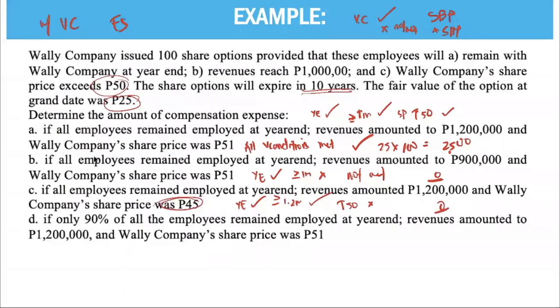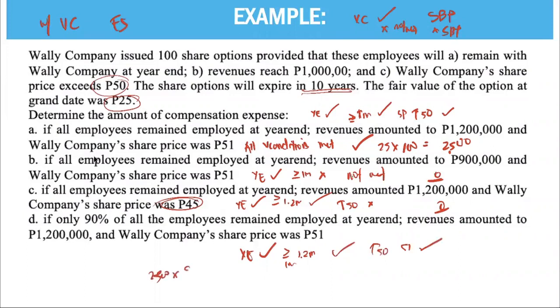Here, if 90% of the employees remained employed at year end, revenues amounted to 1.2 million, so this is greater or equal to 1 million. And then share price must be more than 50. This is 51. Okay, so how much then?